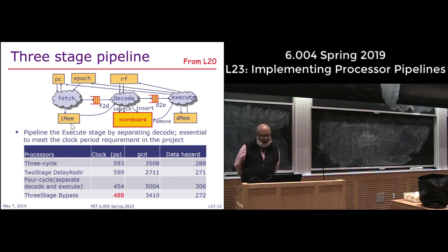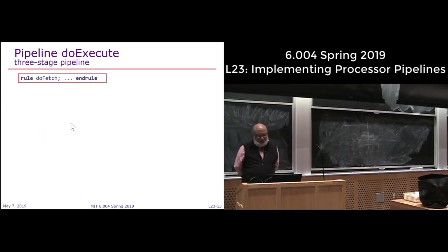And when you do this three-stage pipeline with bypasses, I'm not going to show you the code for this. For the other stuff, I'll post all the code, but this one I'll give you some hint as to what happens in this code. All right, so let's see what is the bypass code that you get over here.